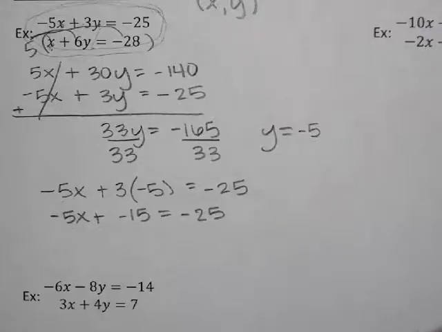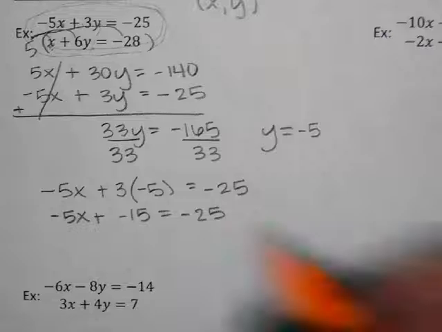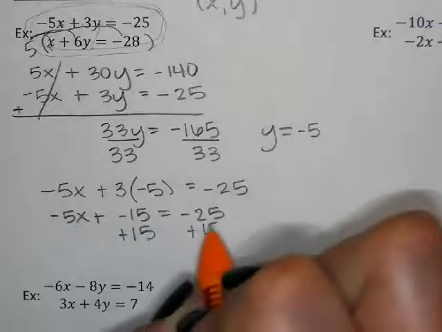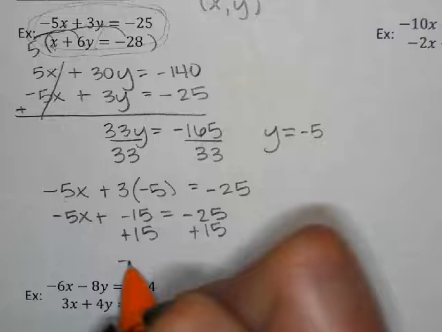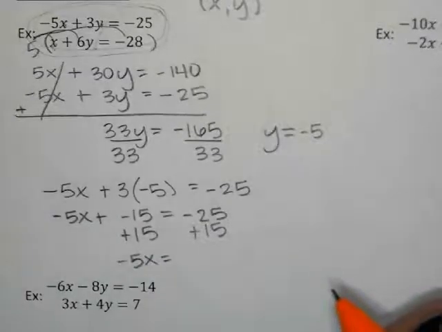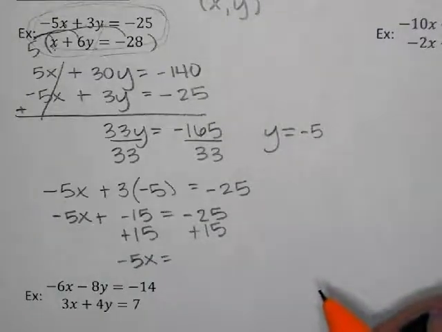Okay. So now what should we do? Okay, we had a negative 15. We're going to add it. So 25 negatives and 15 positives. 10 negatives.